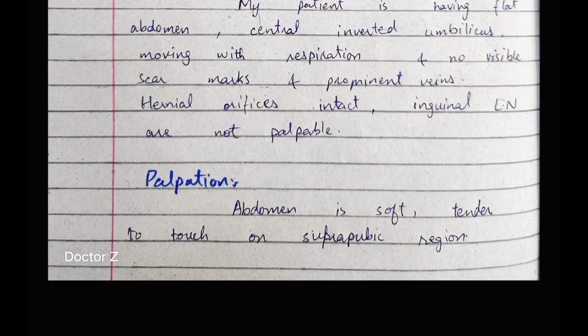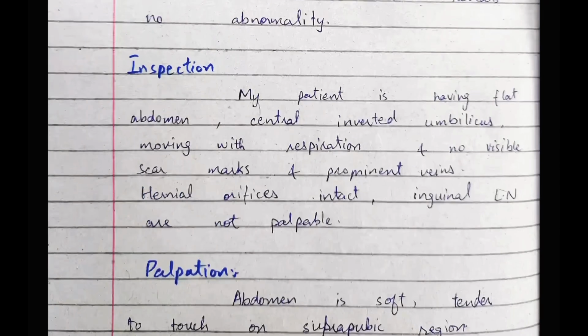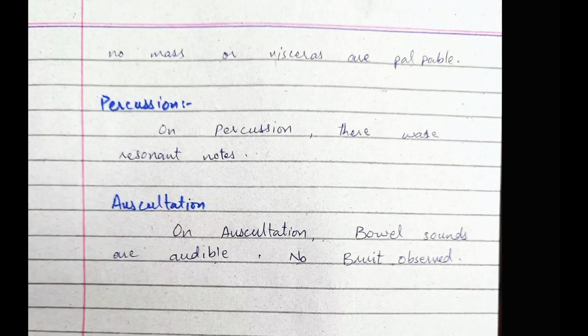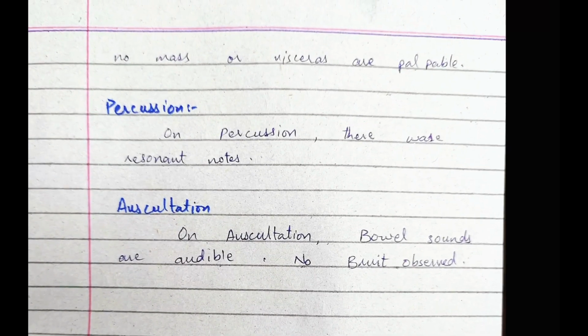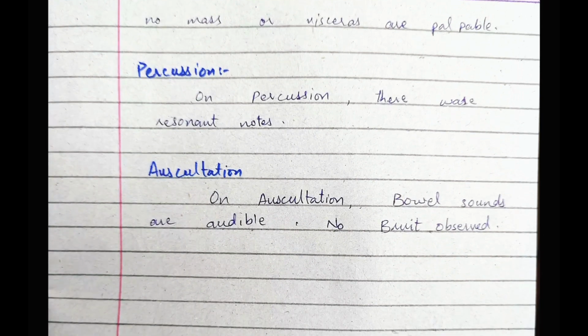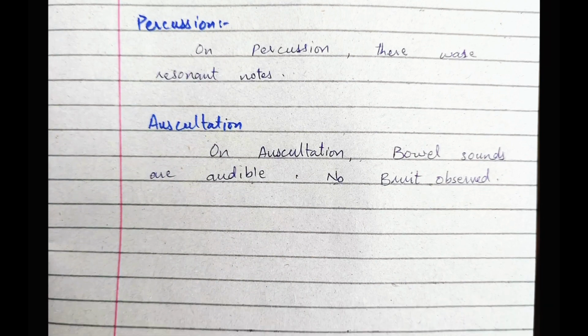On palpation, abdomen is soft, tender to touch. On suprapubic region, no mass or viscera are palpable. On percussion, there were resonant notes. On auscultation, bowel sounds are audible and no bruit heard.